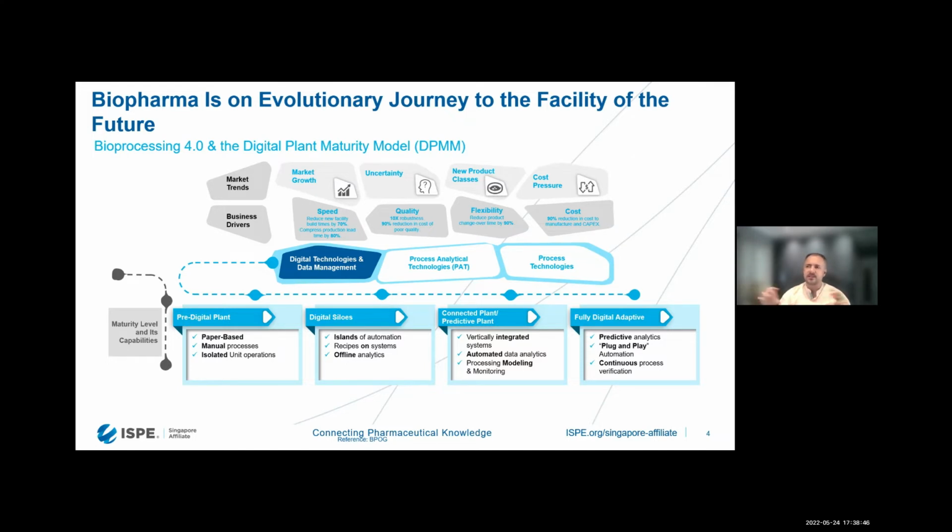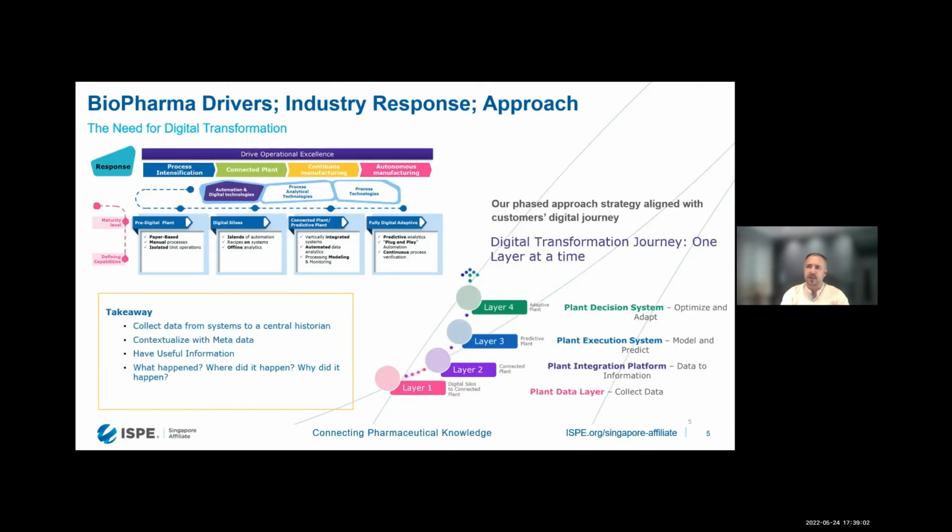That's where we are focusing, so that the need, the demand, and the framework see the light of day. There is a culmination of the asks with the solution that we are providing. With that, we are moving towards more process intensification, the connected plant, continuous manufacturing, and autonomous manufacturing.